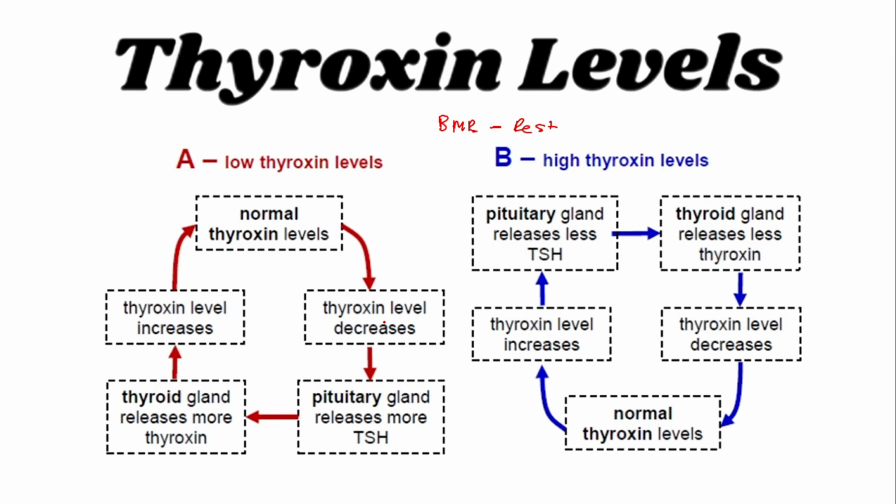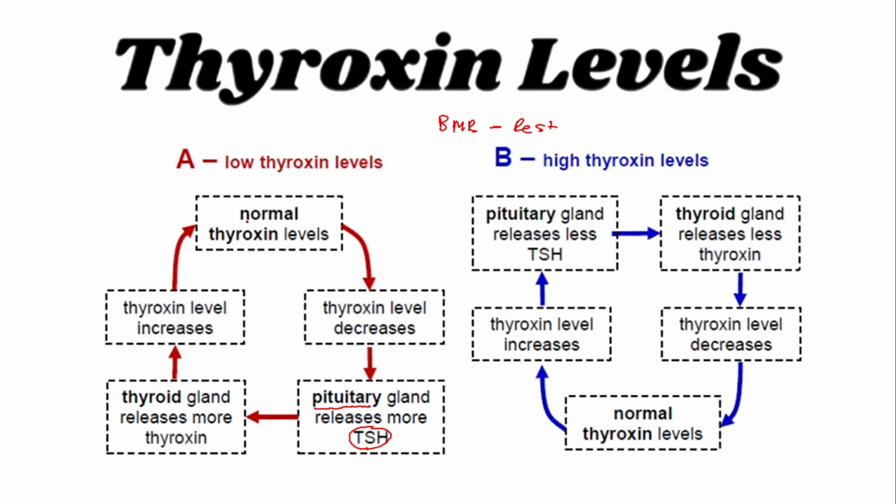Okay, so let's say the thyroxine levels are very low, then it's going to inform the pituitary gland to release more thyroid stimulating hormone. Thyroid stimulating hormone will obviously stimulate the thyroid gland to release more thyroxine, and then the thyroxine level will increase, and then it will go back to normal.